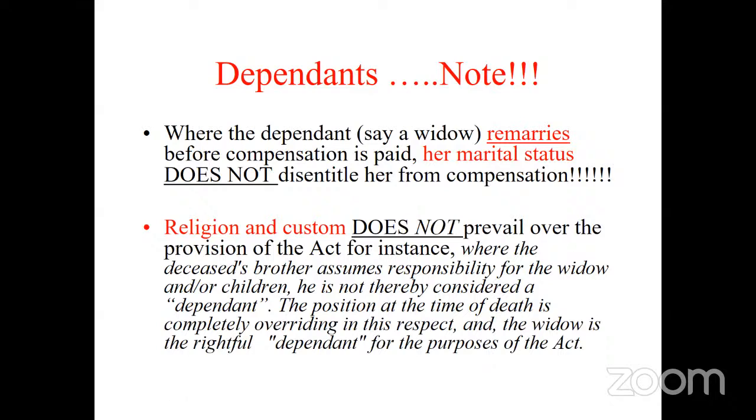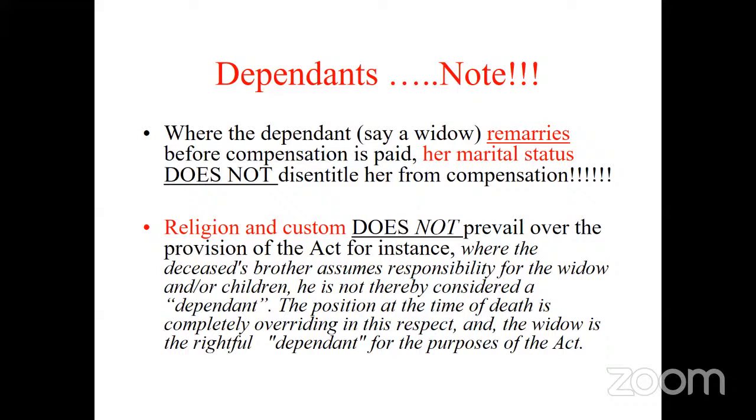What does it mean? At the time the accident occurred, my husband died. That time I was a dependent. It doesn't mean that now I have maybe the deceased's brother. Let's say, like you can see in laws, they usually say that you can inherit the wife of the deceased.